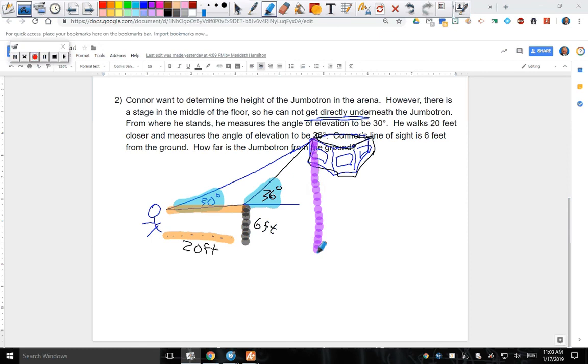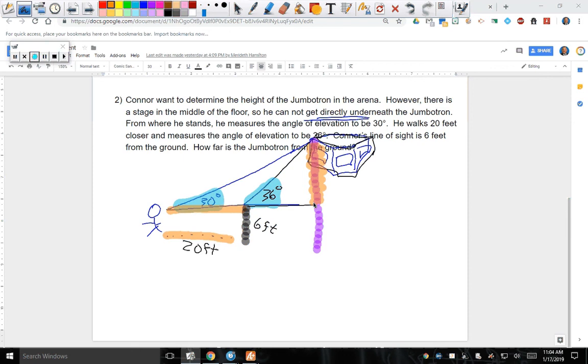So what do you suggest as far as our approach? First of all, is it similar to the other one in this respect? If we solve for this height here of the triangle, and we just add 6, we have our answer. Yes or no? Yes. So the goal is that we're going to try to find this height somehow.